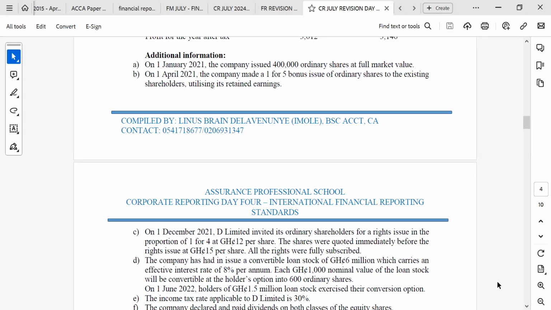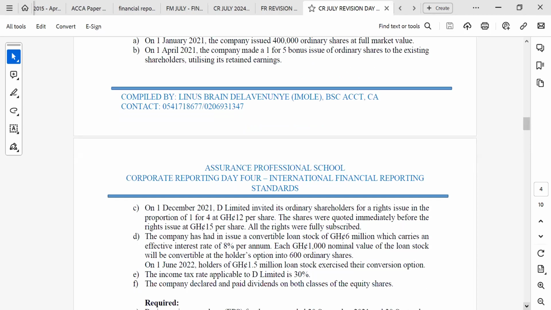D has had in issue a convertible loan stock of 6 million Ghana cedis, which carries an effective interest rate of 8% per annum. Each 1,000 cedis nominal value of the loan stock will be convertible at the holder's option into 600 ordinary shares.